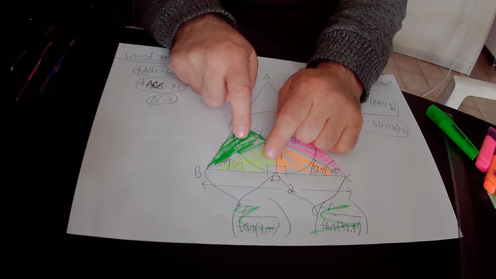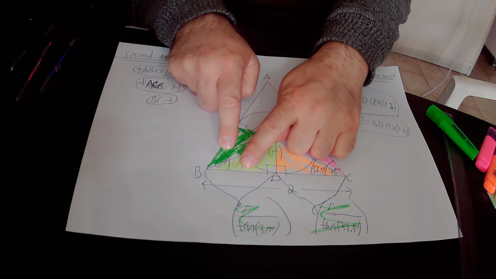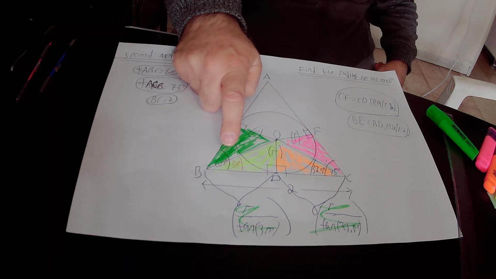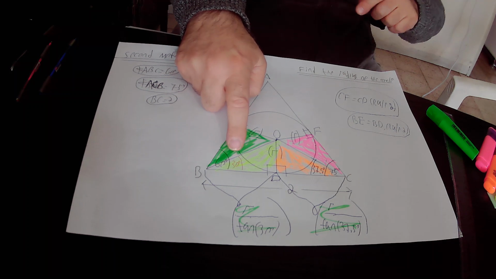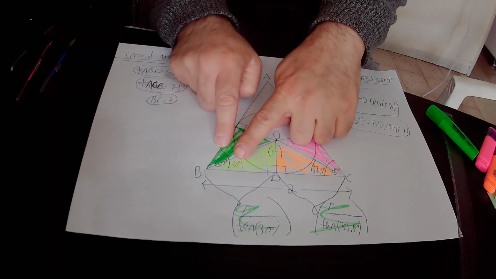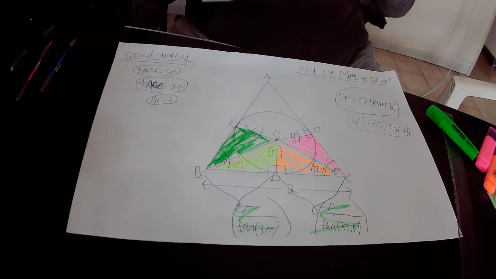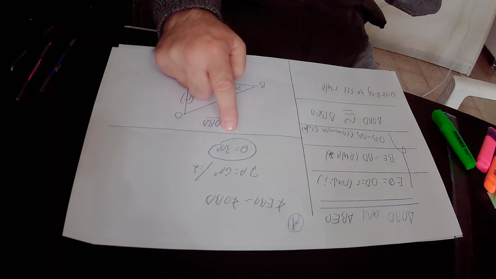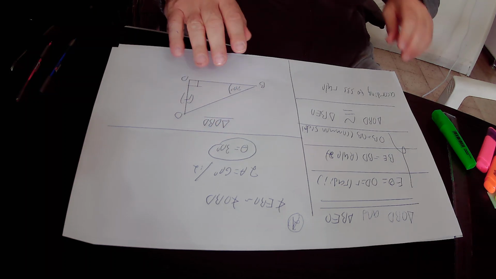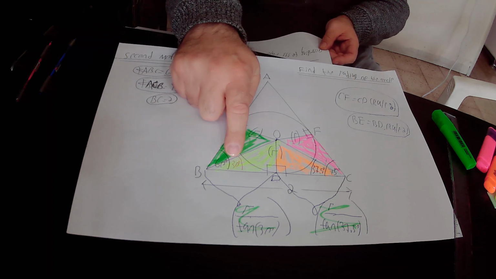So if this angle is theta, then the other angle must also equal theta. So theta plus theta equals 60 degrees according to what is given in the question. So 2 theta equals 60 degrees, we divide the equation by 2 and finally find that theta equals 30 degrees.